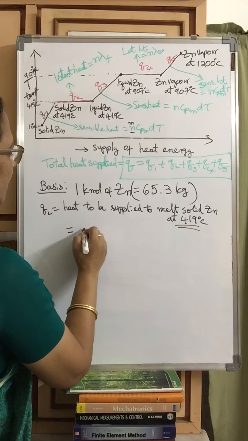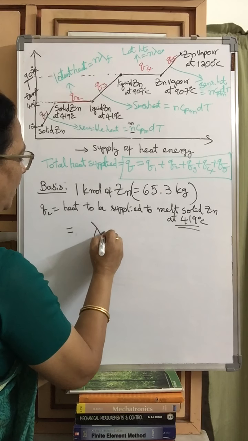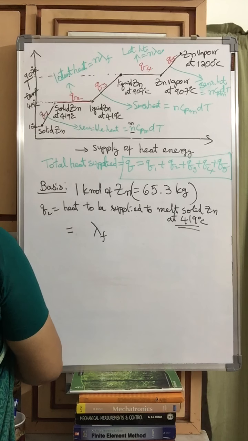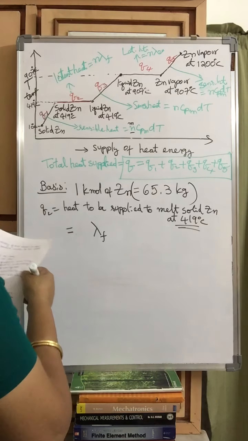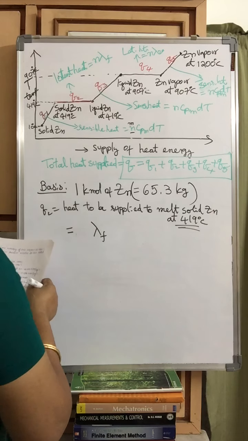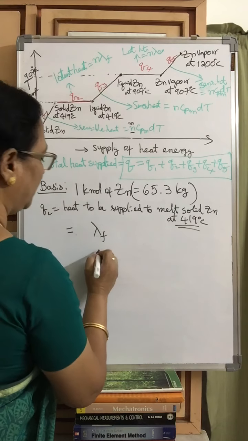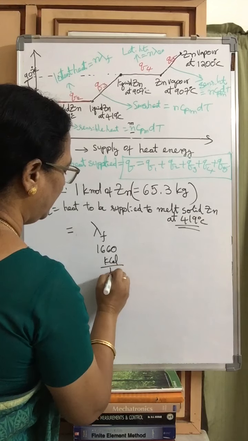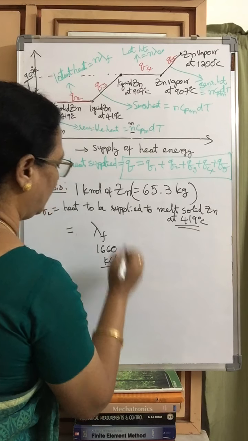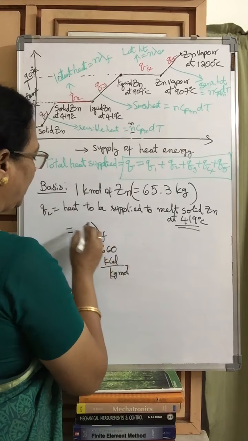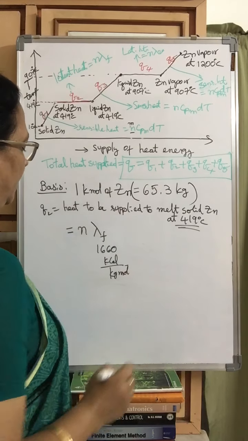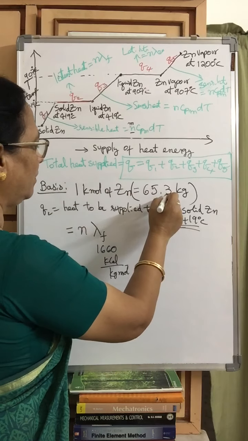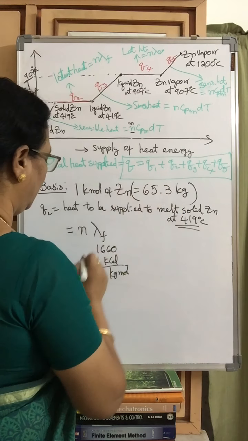So this is given by N lambda F. What is the latent heat of fusion value given? The latent heat of fusion is 1660 kilocalories per kg mole. Because it is per kilomole, here we take N. If you want to write N, take 1; if you want to write M, it is 65.3.